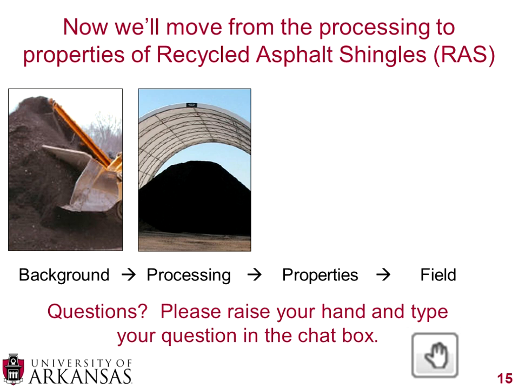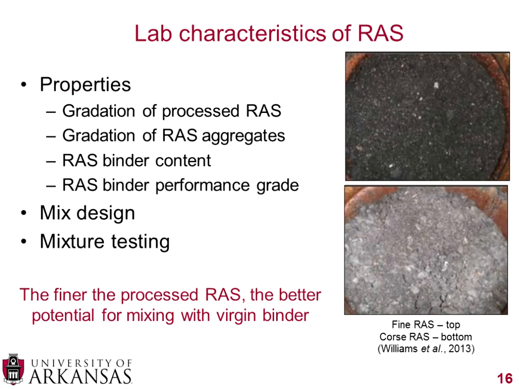Well, I don't see any questions, so we'll continue on, going from the processing to some of the properties of recycled asphalt shingles. There are several properties that we would like to look at. That includes the gradation of the processed RAS, and also the gradation of the RAS aggregates.